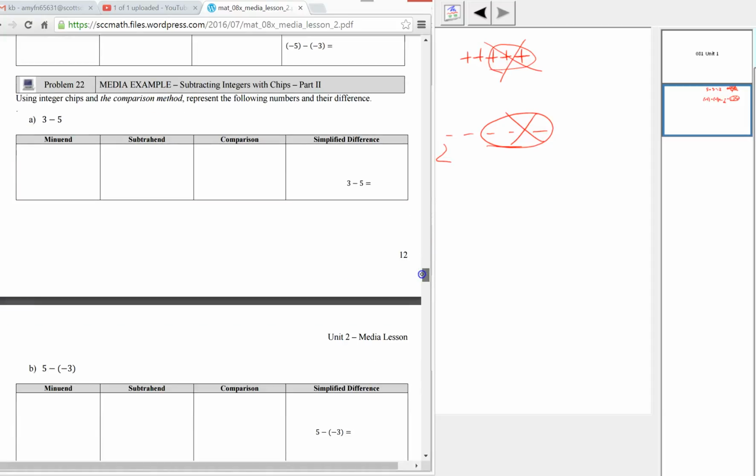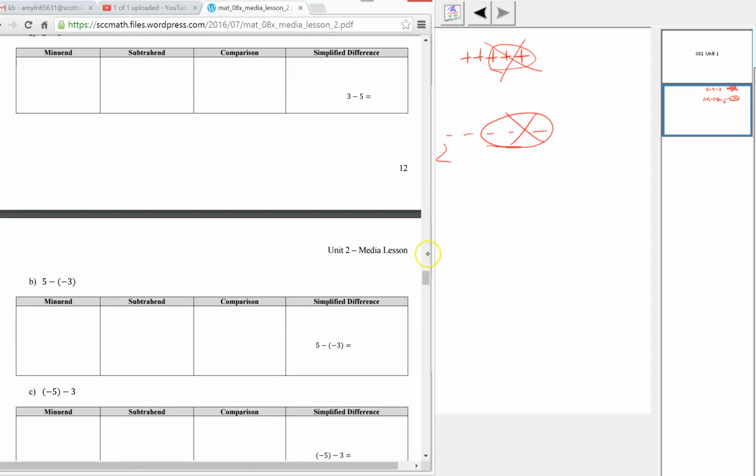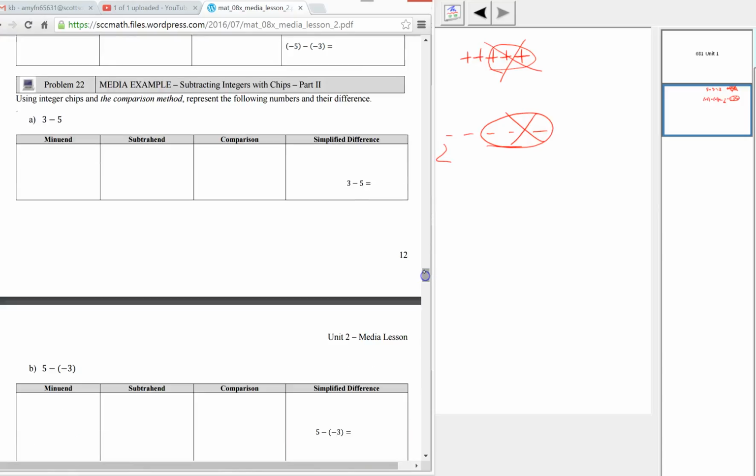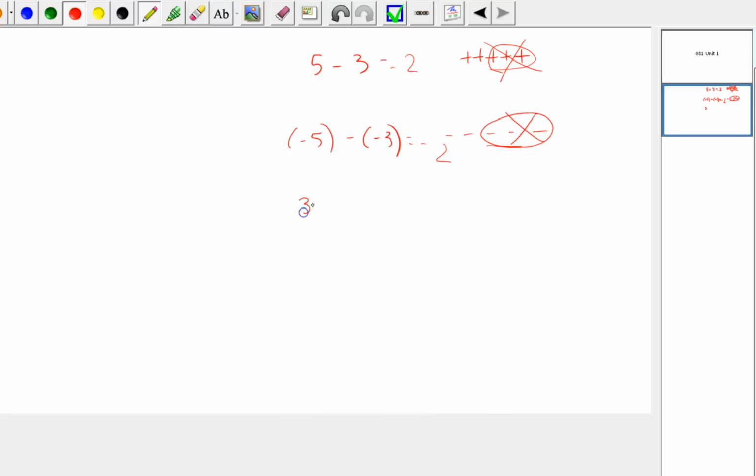Now part 2 has 3 different types. Okay. So starting with this example where you have 2 positives but your result is negative. This one's a little bit different for them. So we want 3 minus 5. We have 3 positive chips and we want to take away 5 positive chips. But we don't have 5 positive chips to take away.